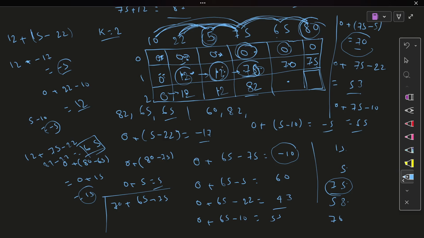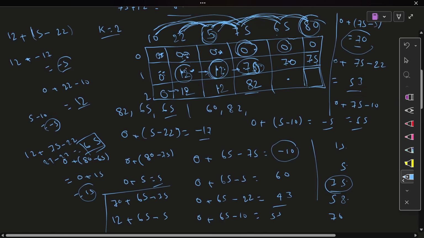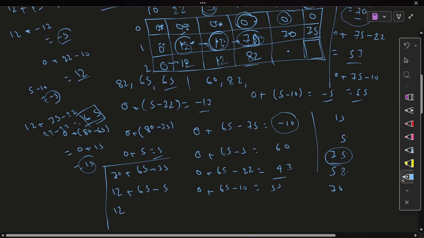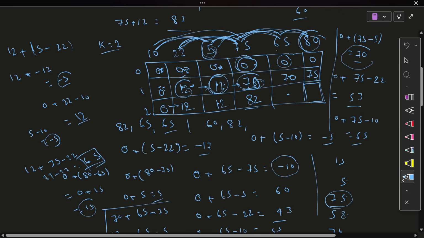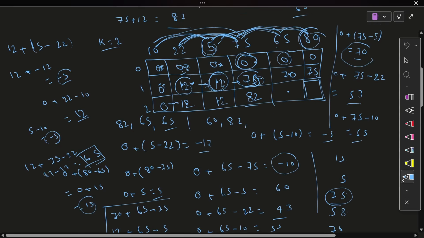Then from the second one, 12 plus this one is the one-transaction maximum profit, and we can do for one transaction here 65 minus 5. Okay. Then 12 plus 65 minus 22.